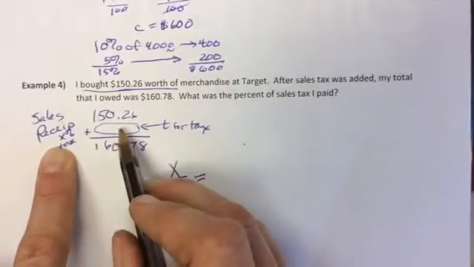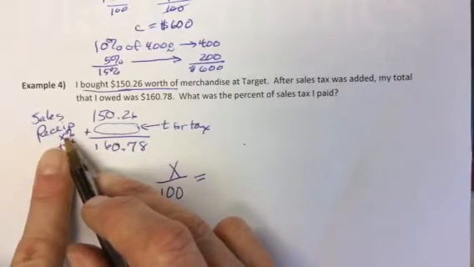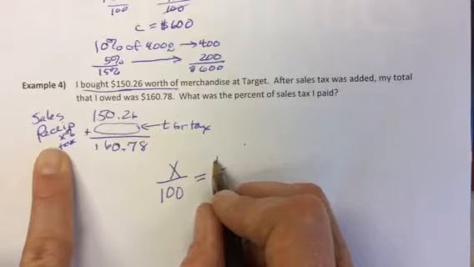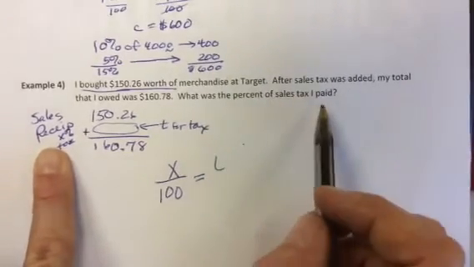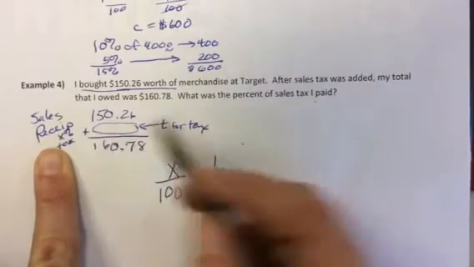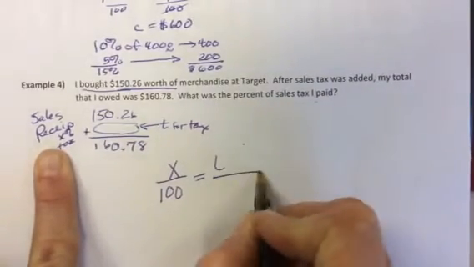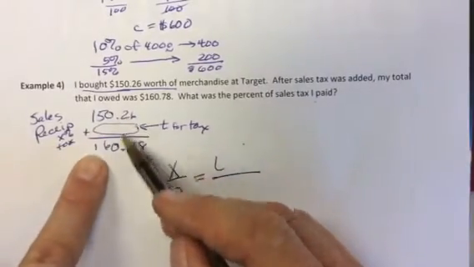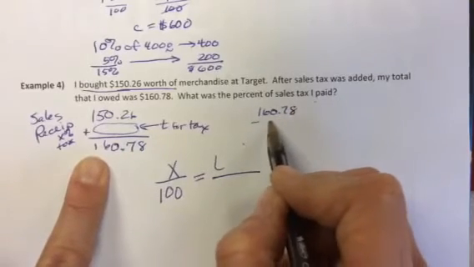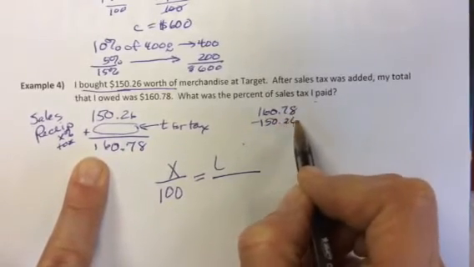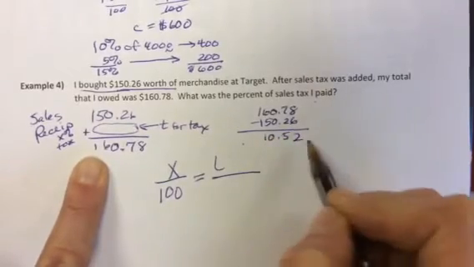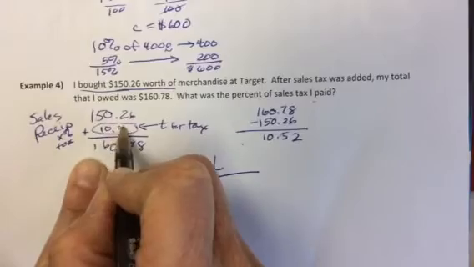Wait a minute, do we know the tax? Well, we can figure out what that is, by taking 160.78 minus 150.26, and we get $10.52.